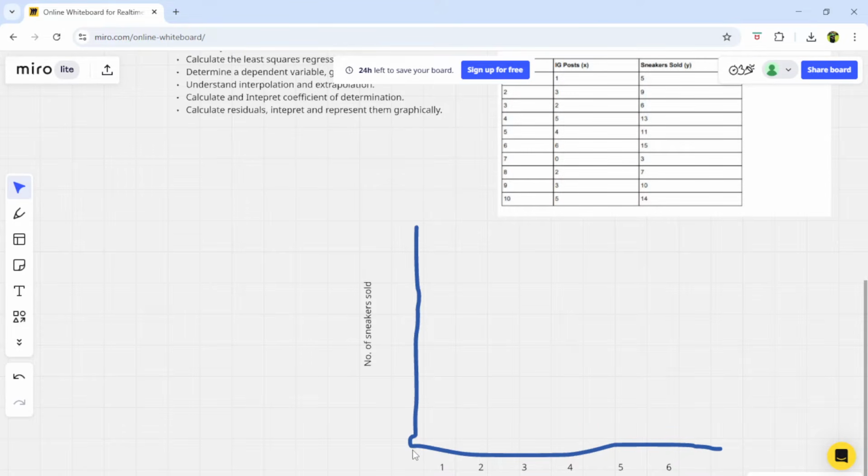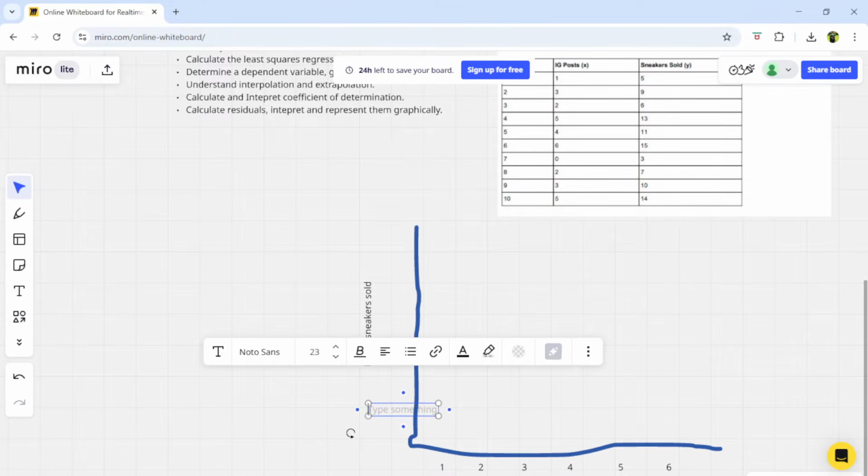And for the number of sneakers sold, I see that we have 3 being the lowest and 15 being the highest. So for this, I'm going to use a scale of 2, so I'm going to say 2, 4, 6, 8, 10, 12, 14, 16.